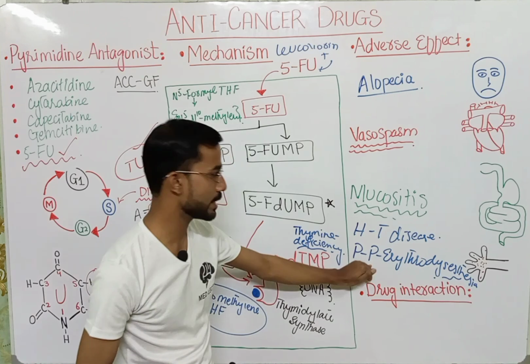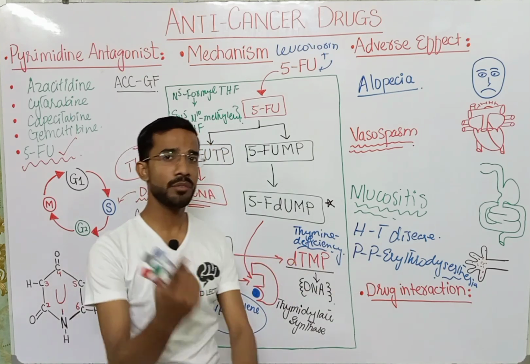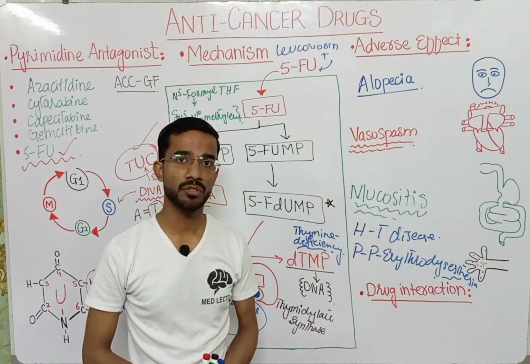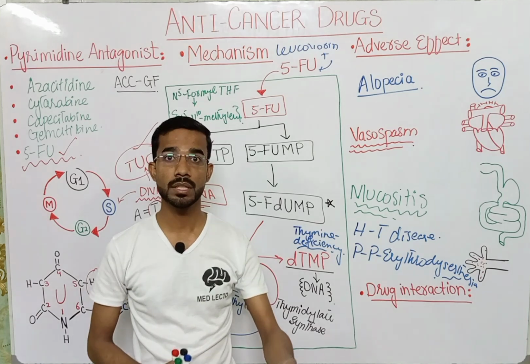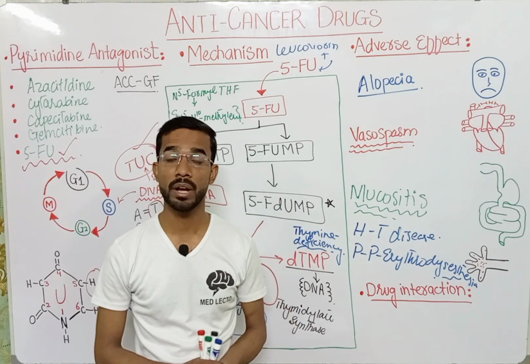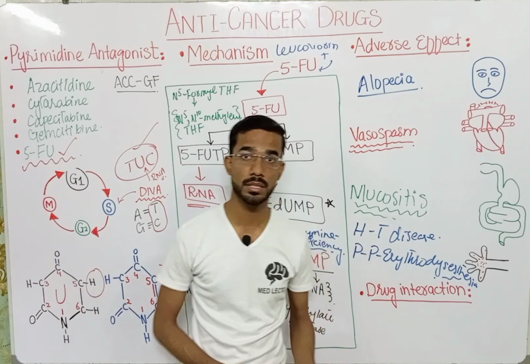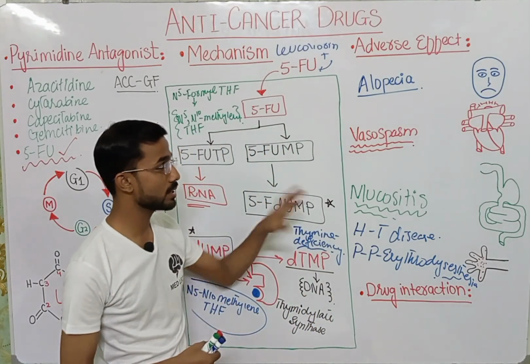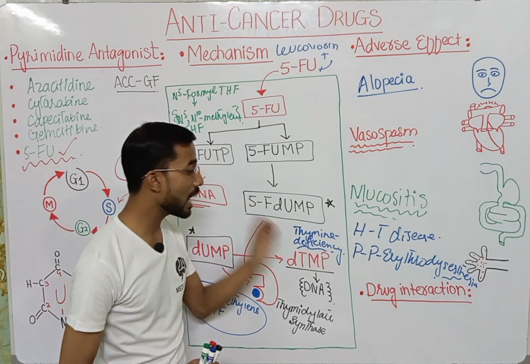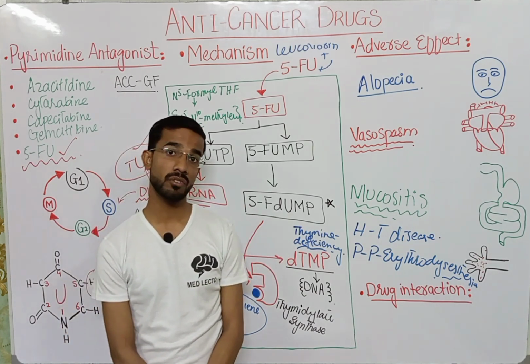So another, like different adverse effects, myelosuppression, you will see suppression of the bone marrow, and in this case you will see suppression of different blood cell formation, RBCs and white blood cells. So this is also an adverse effect. And last, most important, is the drug interaction.